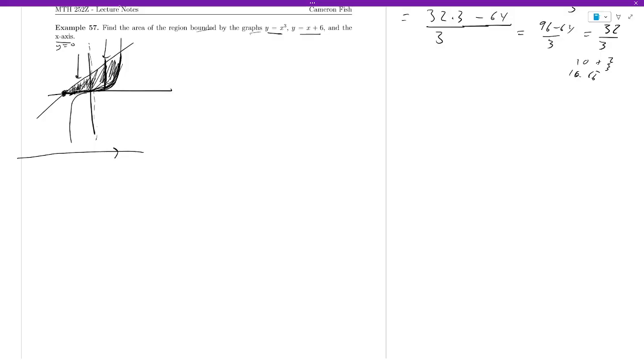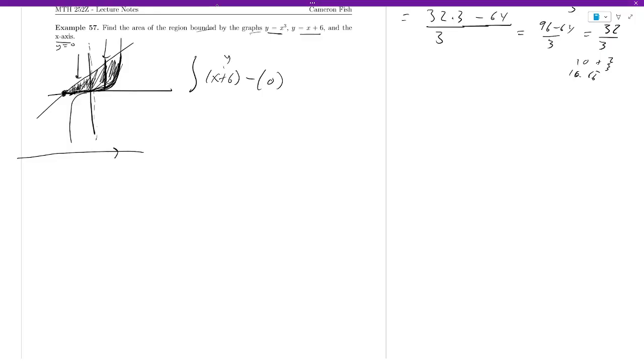Because on the left region, there's a consistent top and bottom. On the right region, there's a consistent top and bottom, but they're different from each other. So we just write down 2 integrals. For the left one, we want top function, that's x plus 6, minus the bottom function. Again, the x-axis is really y equals 0, so I could write minus 0.